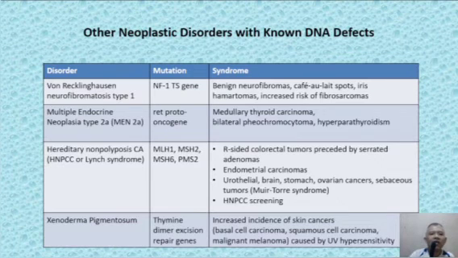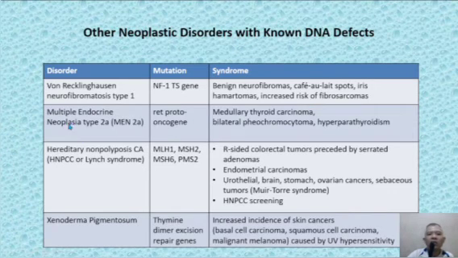And these are the other neoplastic disorders with known DNA defects. For neurofibromatosis, you have a mutation in the NF1 tumor suppressor gene, leading to this syndrome: neurofibroma, cafe au lait or coffee-like spots, with increased risk of fibrosarcoma.